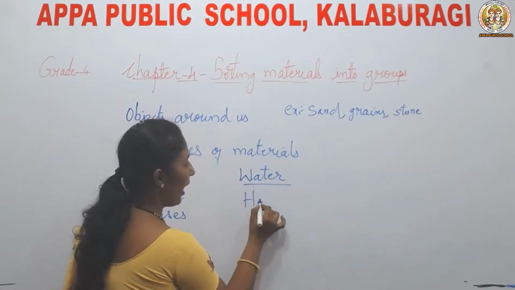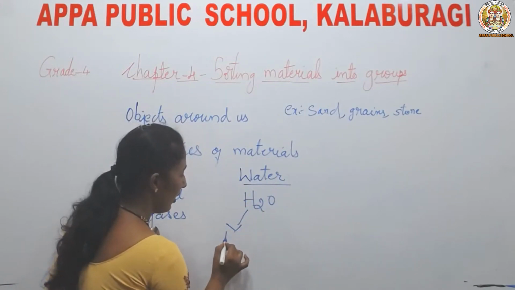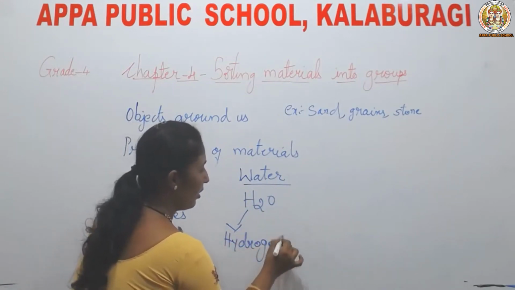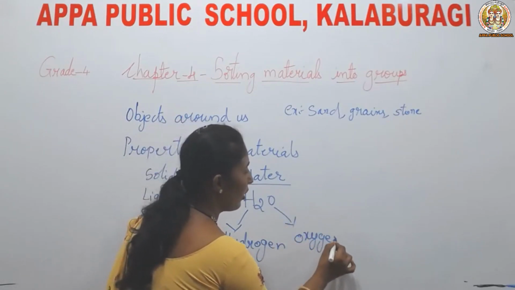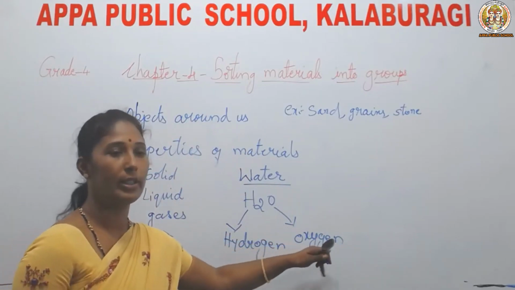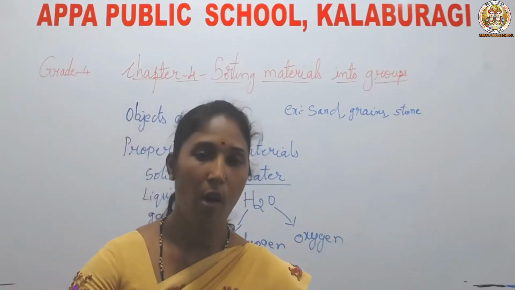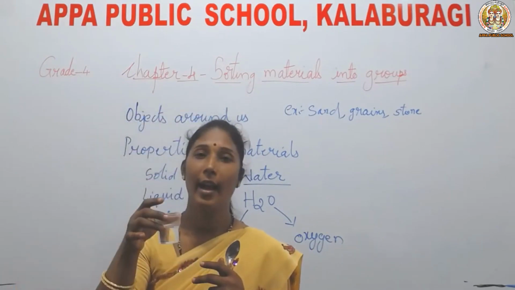The formula is H2O. H means hydrogen, O means oxygen. So hydrogen and oxygen, these are gases. You already know that water has dissolved gases like oxygen and hydrogen.